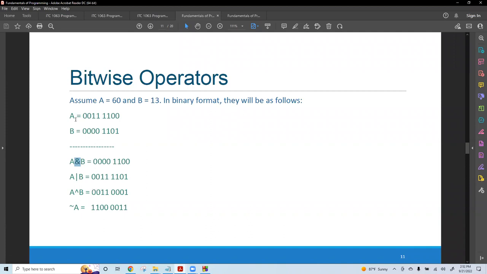So if you perform AND operation on this, the bitwise AND would be calculated. Here 0, 1, 0, 0, 0, 0, 1, 1, 1, 1, 1, 1, 1, 1.